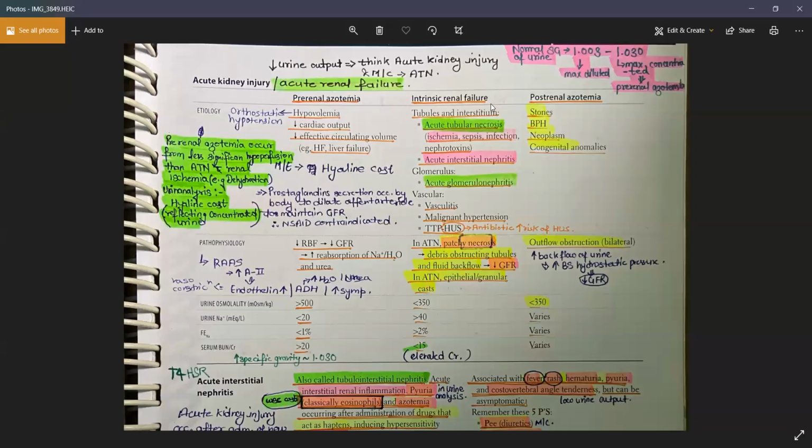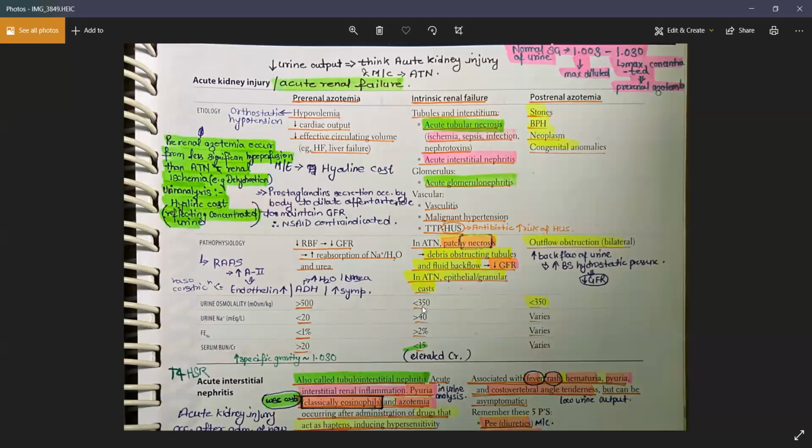Now, because your kidney is dying, this damage is happening inside the kidney. The kidney cannot work properly. They cannot compensate for that. They will have a loss of function. They cannot reabsorb the sodium, and as a result, you will have an increased loss of sodium. That means an increased fractional excretion of sodium, more than 2%. You will have more sodium in the urine, more than 40.